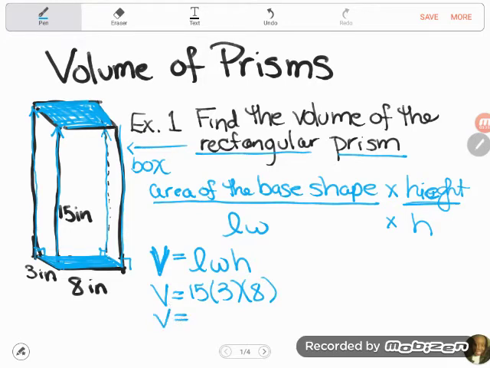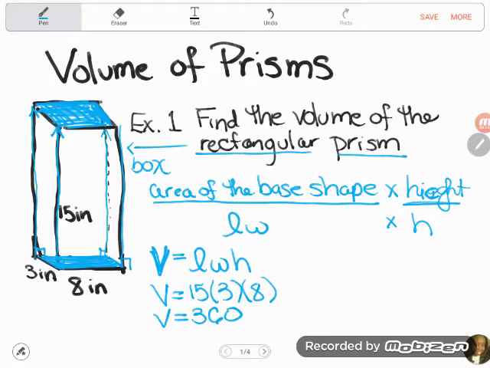So now V equals, and if I had this problem on the GED, I would definitely have my TI-30XS calculator. So I'm going to just type those things in. 15 times 3 times 8, and I get 360. And the question is 360 what?